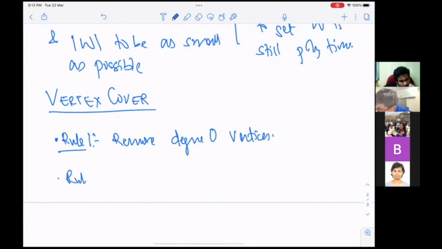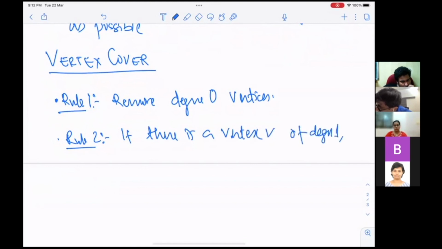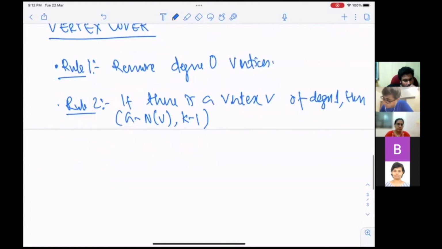Then we came up with rule 2, if you recall correctly: if there is a vertex V of degree 1, then you look at its open neighborhood, delete it, and decrease K accordingly, and apply this. This was the second rule we applied.